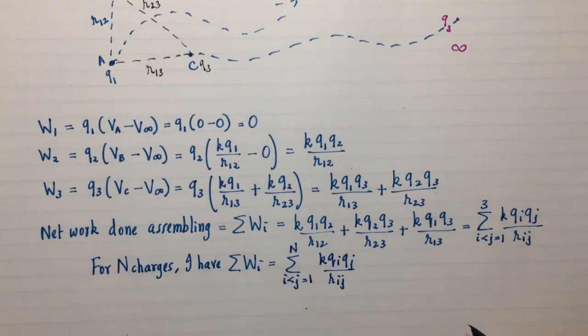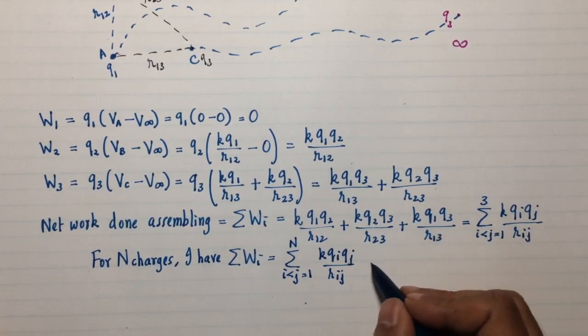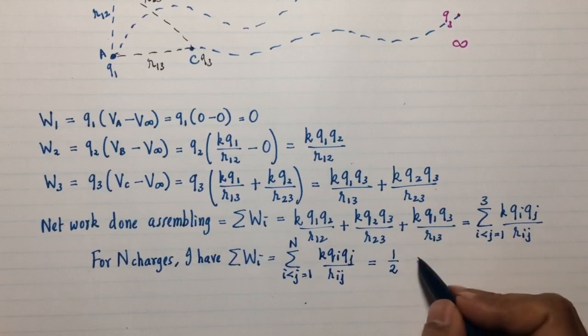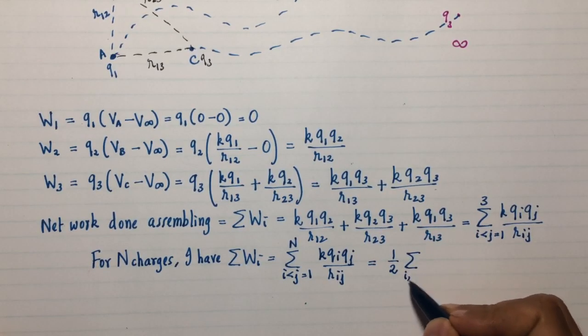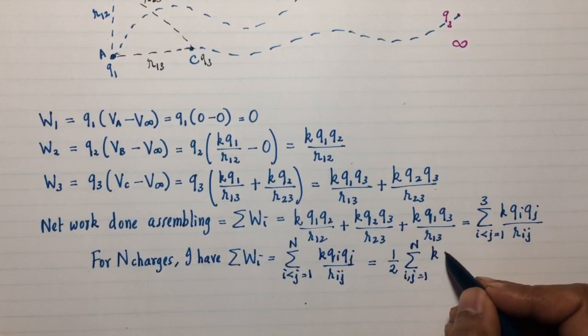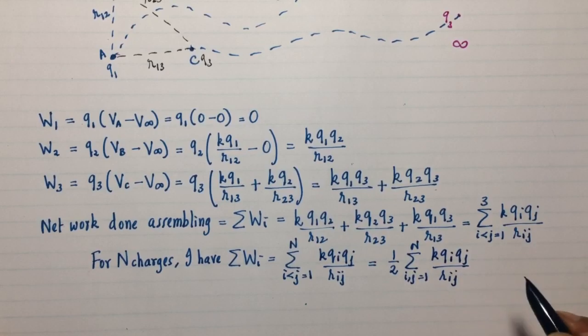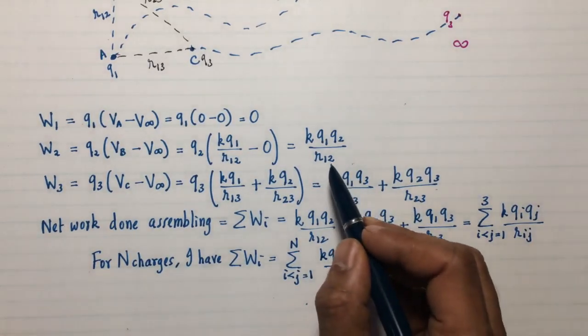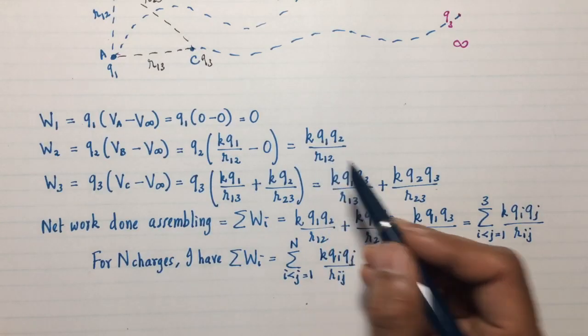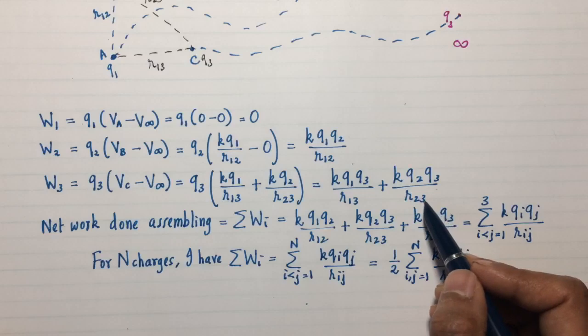Now some authors, textbook people, don't like to have this i less than j business. So they write it as 1/2 the free sum over i and j going from 1 to n of kqi qj over rij. By the free sum, I mean they allow things like R12, R21, R13, R31, R23, R32.